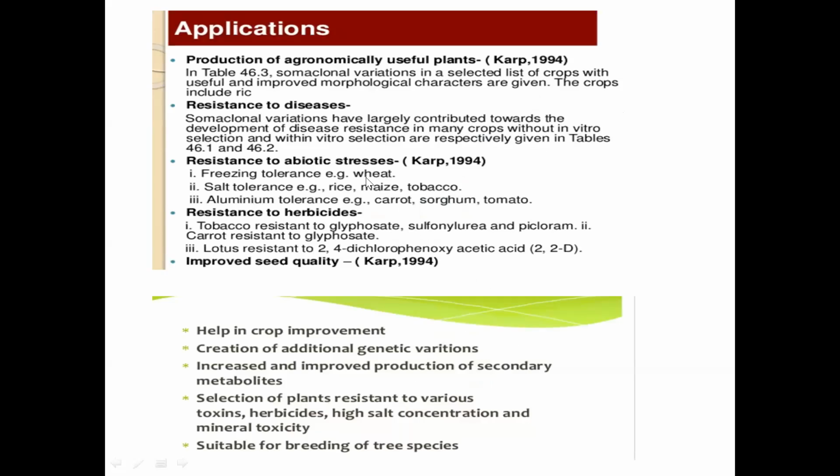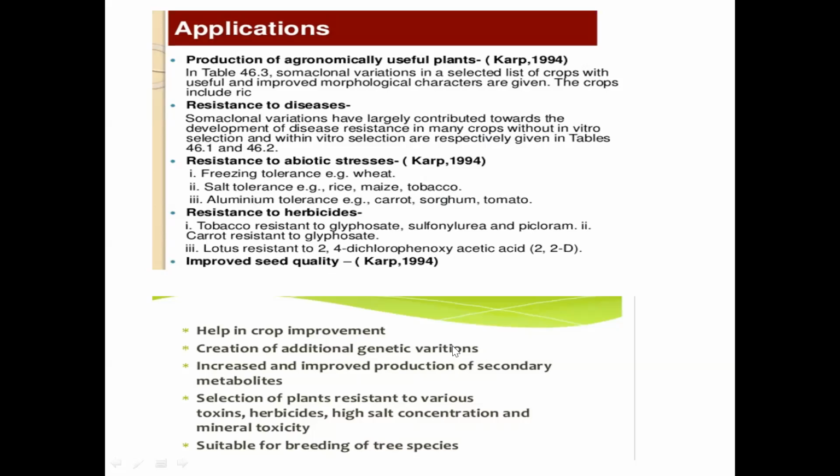Abiotic stress: freezing tolerant wheat has been developed, salt resistant rice has been developed, and aluminum tolerant vegetables, carrot, sorghum, tomato have been developed. Again, herbicide resistant plants have been developed, and seed quality improvement is seen using somaclonal variation. So you can create additional genetic variations, whatever you want.